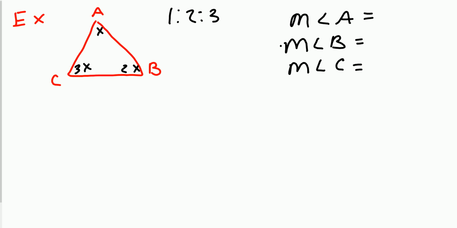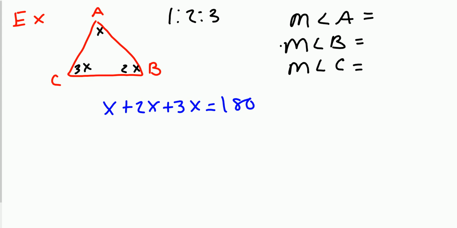Using the previous theorem, that each of these angles adds up to 180 degrees, we could set up our problem. So add each of the angles together. x plus 2x plus 3x equals, well, 180 degrees. It has to. Okay, so what do we get? We have 1x plus 2x plus 3x.